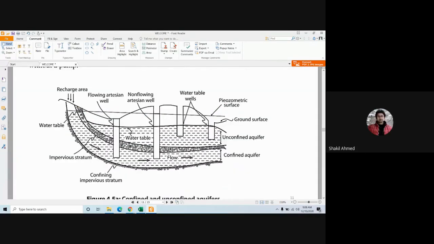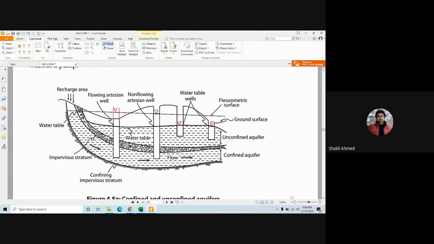So as you can see, the water level is here. The water level will be at the piezometric surface. Basically, it will be here. If you just increase it to this, the water level will be here, and the water level will be here.